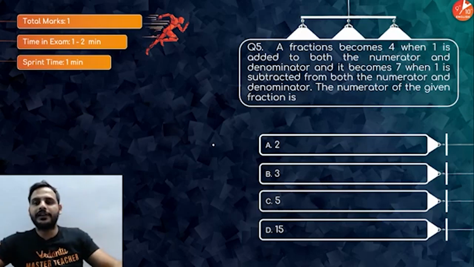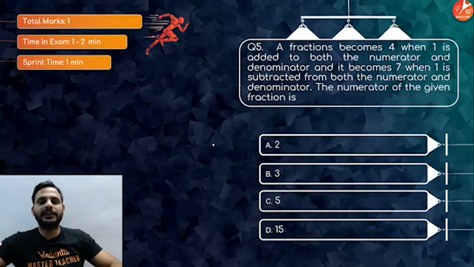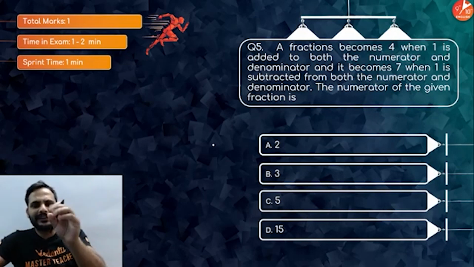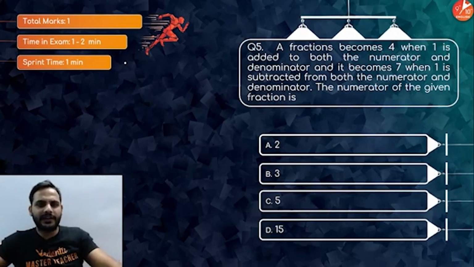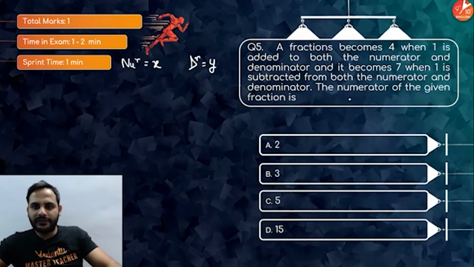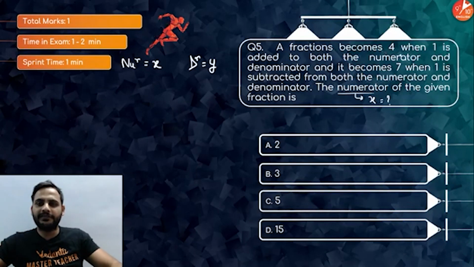Okay, so guys, here it is saying the fraction, the main thing is what? Numerator and denominator, we are changing it differently. Let's say our numerator is x and our denominator is y. So I can say my fraction will be x upon y. What we need to find out? Numerator of fraction. That means we need to find out what is x. First one, a fraction becomes 4 when 1 is added to both the numerator and denominator.